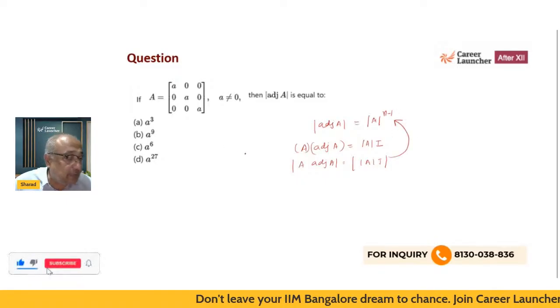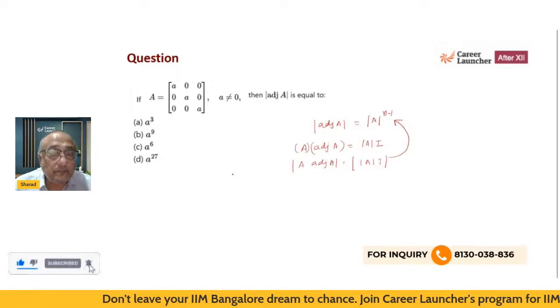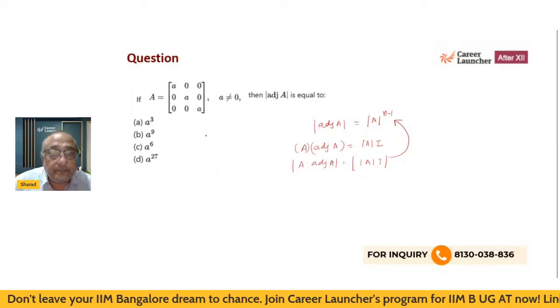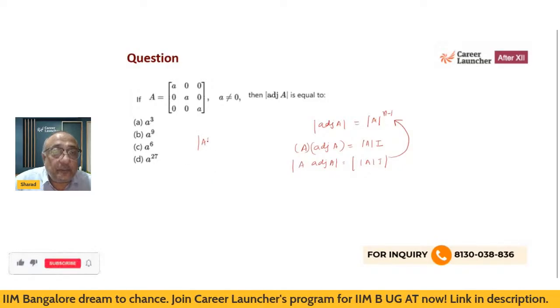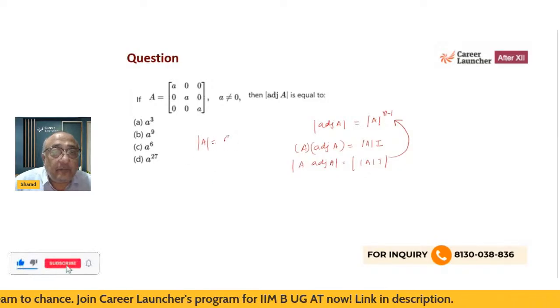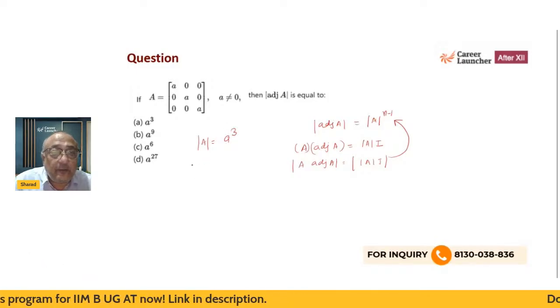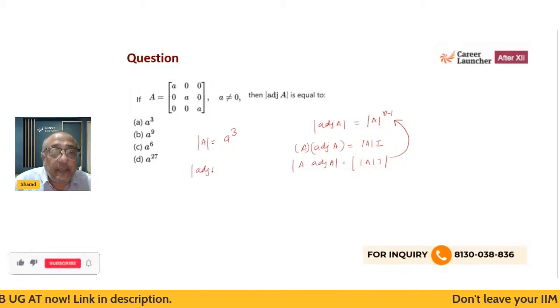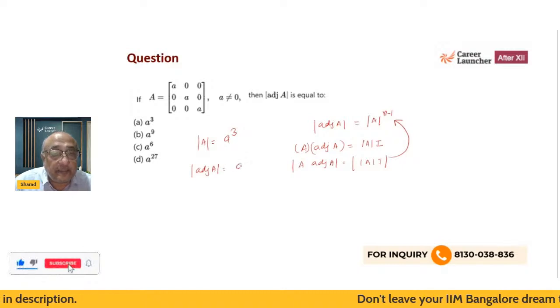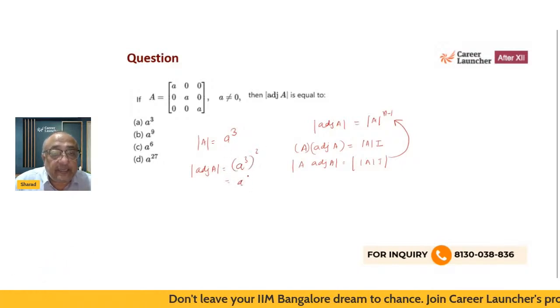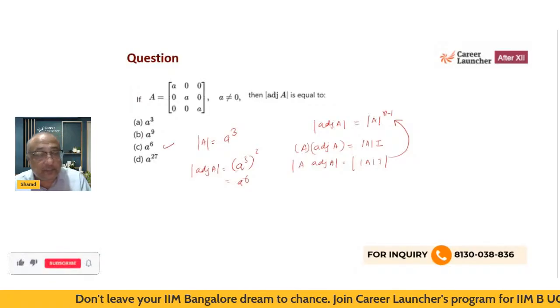I'm 100% sure now you can relate to this formula. Please tell me what will be the value of this from here. First compute determinant of A. It is surely A cube. So what will be the value of adjoint of A? I'm sure you would have given the answer. I don't have access to the screen. I'll just check. It is A raised to power 6, which is here.